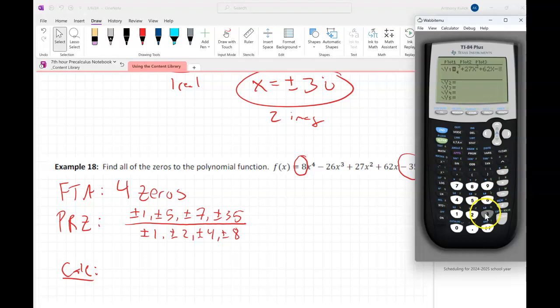Okay, so got that typed in. I'll change my window from -35 to +35, again, the biggest and smallest zero on my possible rational zeros list. Hit graph, take a look at what's going on.